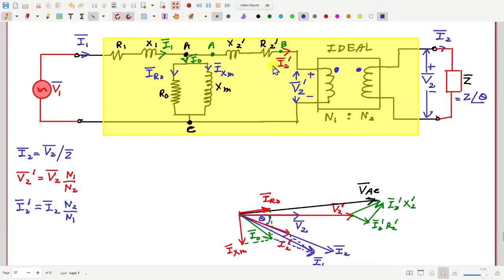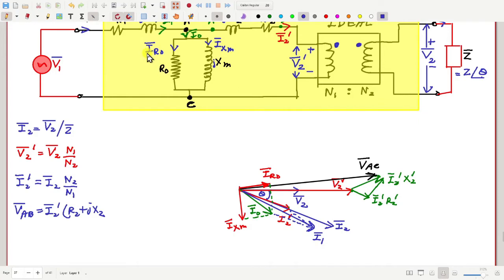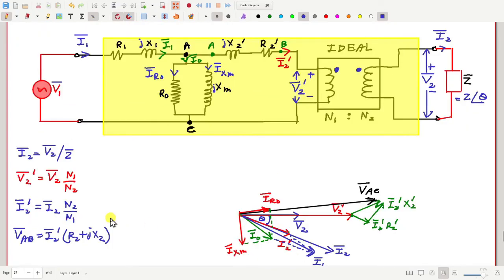I found the voltage drop across this, VAB, that was I2 prime into R2 plus jX2. Okay, so let me put these j's here, here and here.